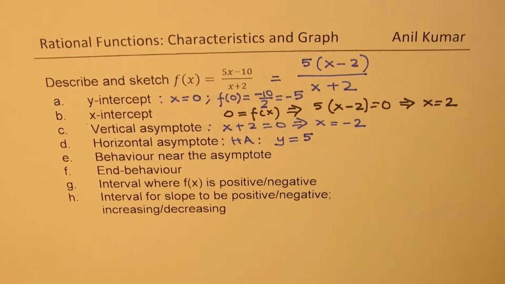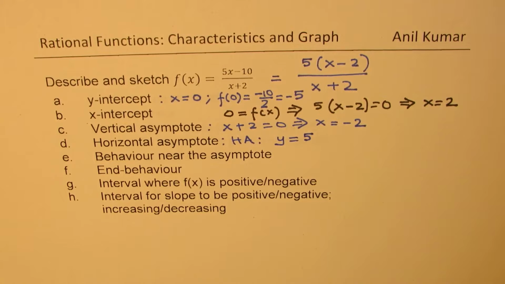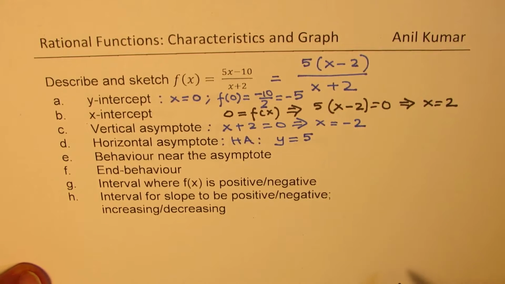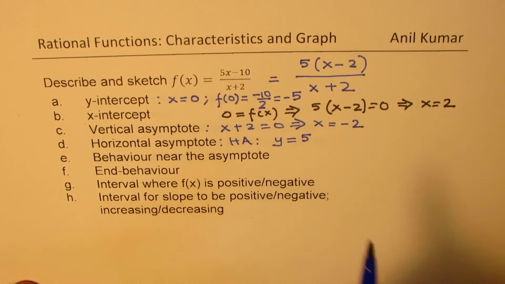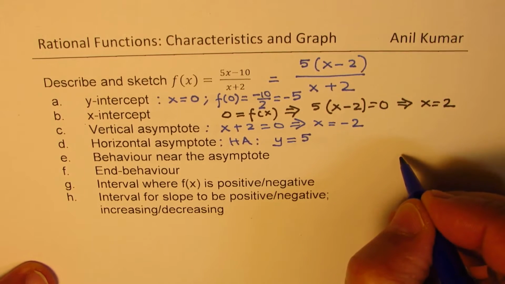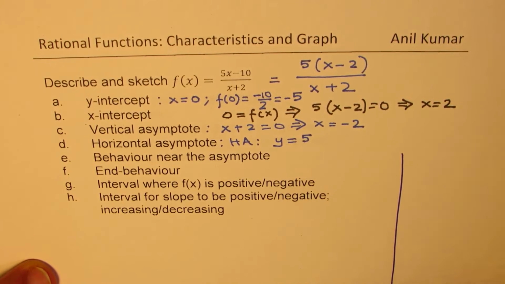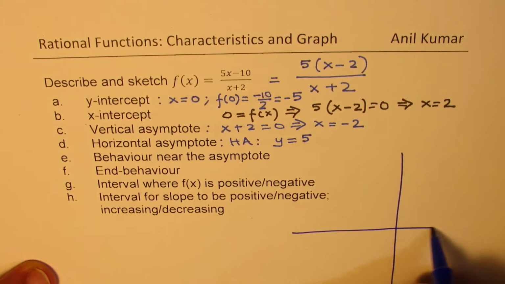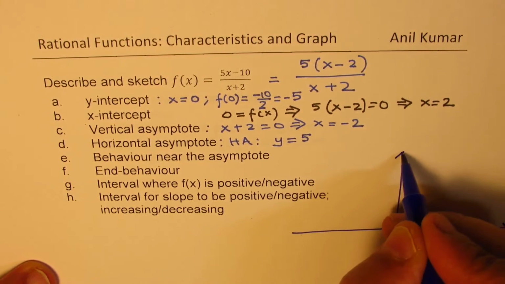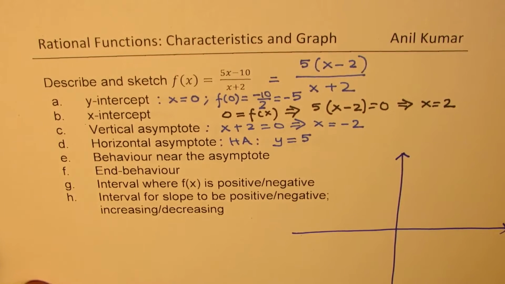So these are a few very important characteristics which we have found within a few minutes. Let's try to understand their significance on a plane. I'll make a rough sketch of this, and then later we'll discuss their behavior, mainly the behavior near the asymptotes.